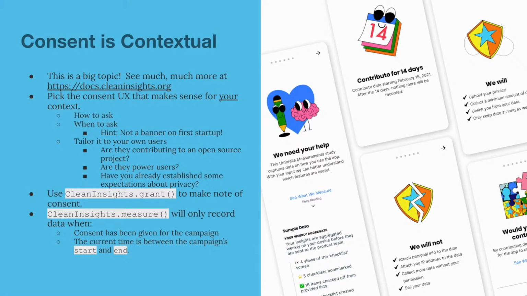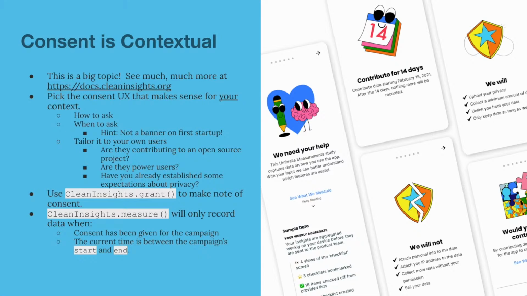What you've got to think of is how and when to ask your user. I tend to find that a giant banner on startup is both disruptive to what the user is actually trying to do, and it's not respectful of what they already know. So think about what your app is, right? Is your app used by power users? Well, talk to them about the specifics then, right?